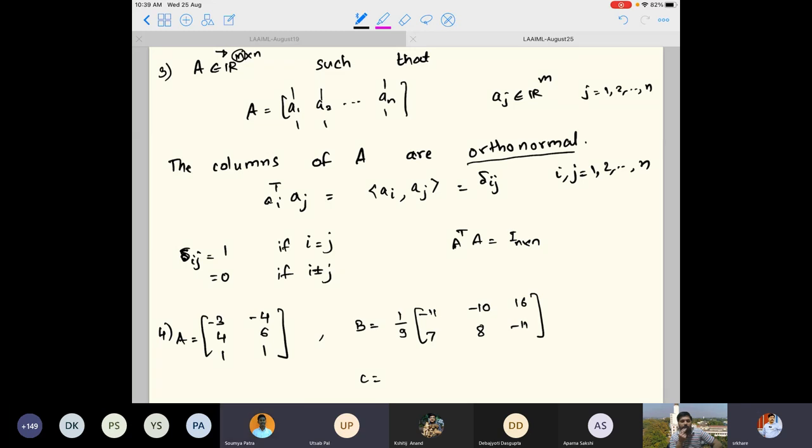The matrix is 1 by 8 times: minus 11, minus 10, 15, and 7, 8, minus 12. So do you get the identity? Yes, I think so.